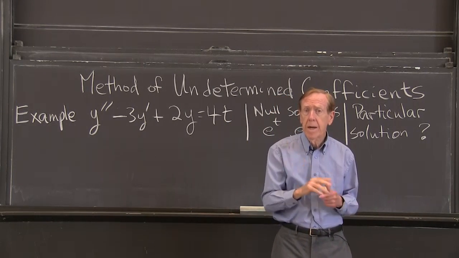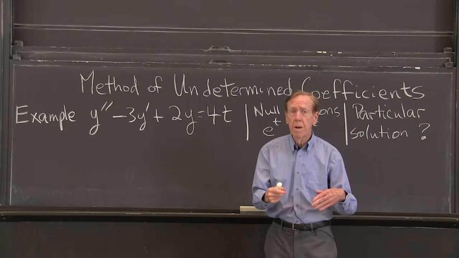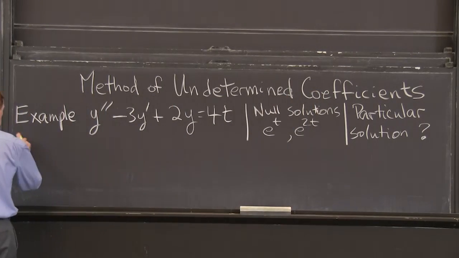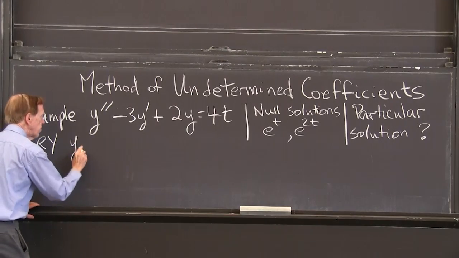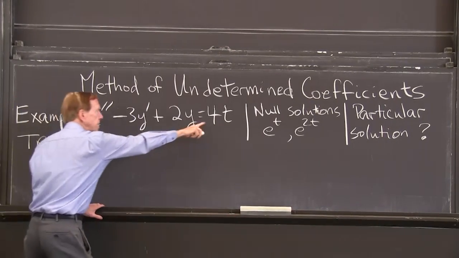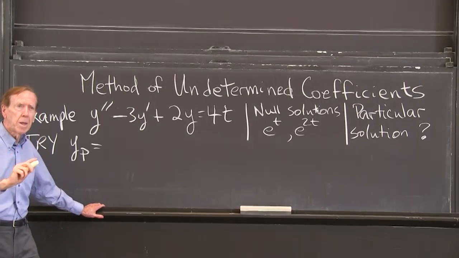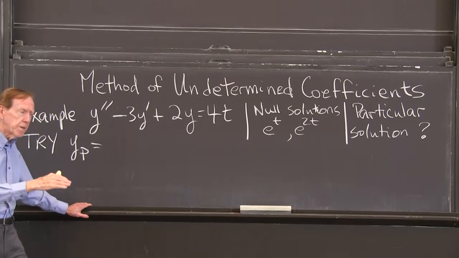So the idea is to try the form we know the solution will have. So I'm going to try a particular solution. When I see a t there, I'll want a t in the particular solution, but I also need the constant term.